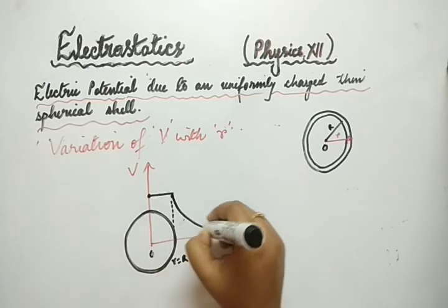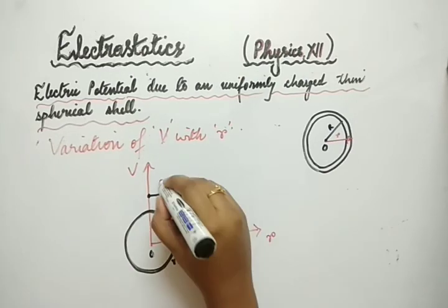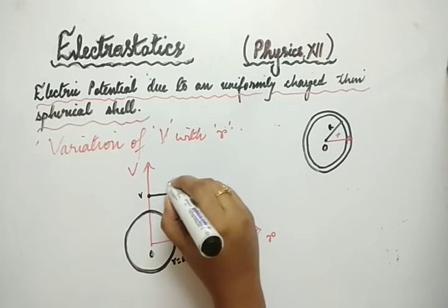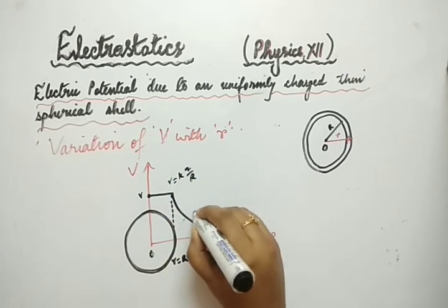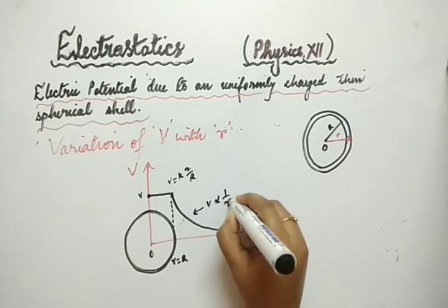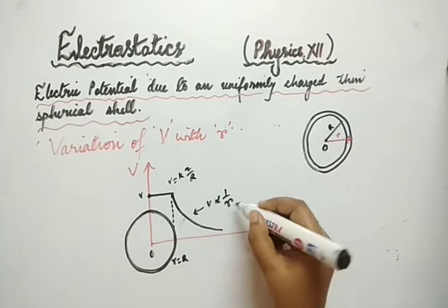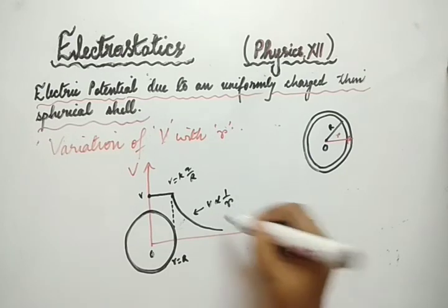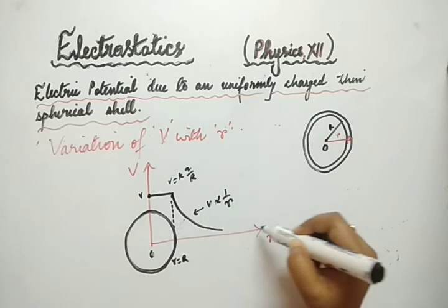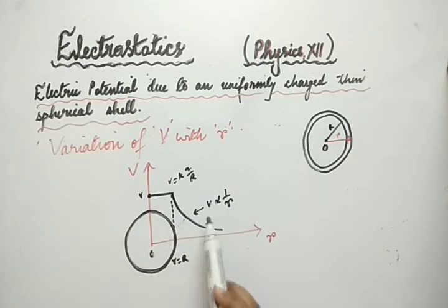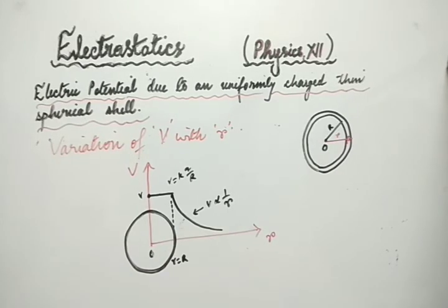After that it will keep on decreasing. So here V has a value k q by R, and in this part V will decrease in this manner. As r increases, V keeps on decreasing. So as the distance is increasing, V is decreasing. This is our representation or variation of V with r, very important.